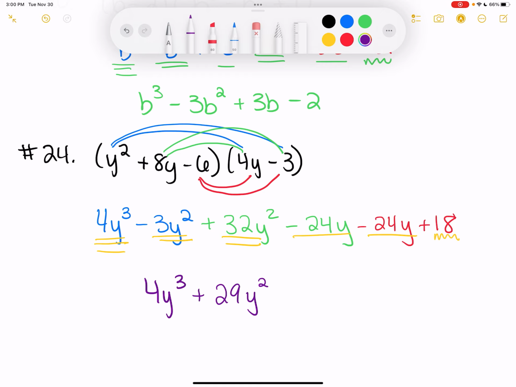Then negative 24y minus 24y is negative 48y. Okay, remember when we're doing like terms and combining them, we're only doing stuff with the numbers. The letters stay by themselves, and then just plus 18 because it doesn't have a buddy with it.